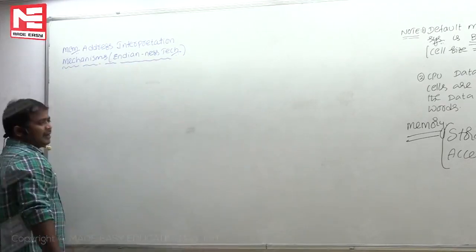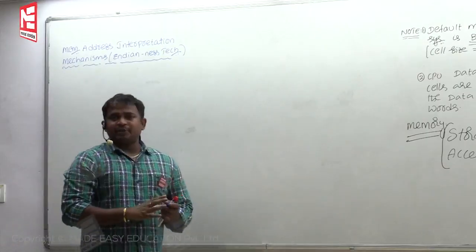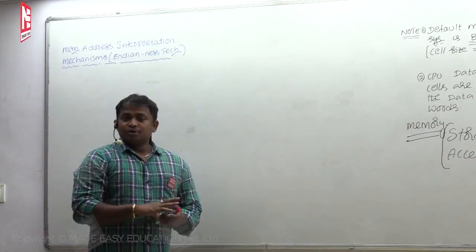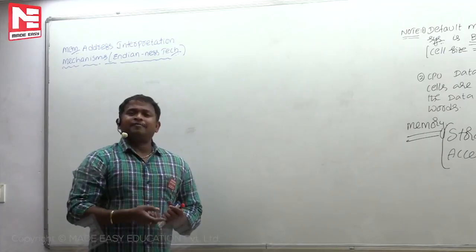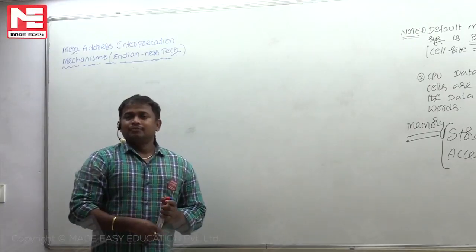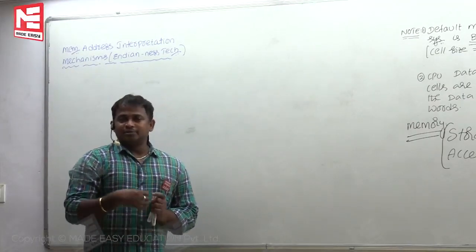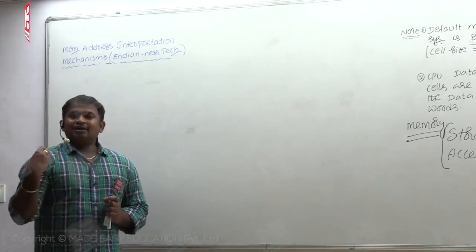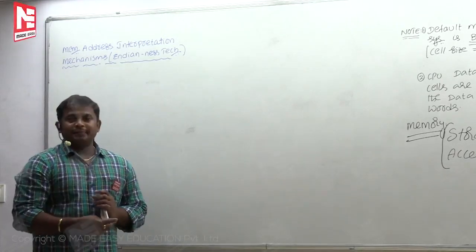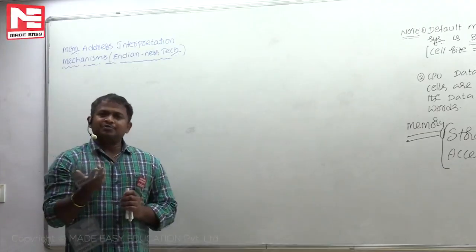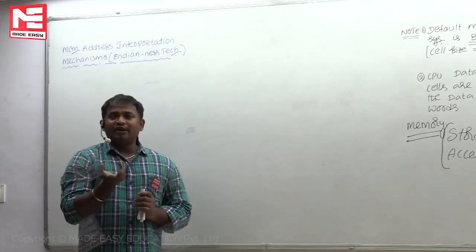Okay. Memory address interpretation mechanisms are used to describe the order of data storage. NDNS mechanisms are used to specify the order of data storage in the memory. Order of data storage means only two types, ascending order and descending order.